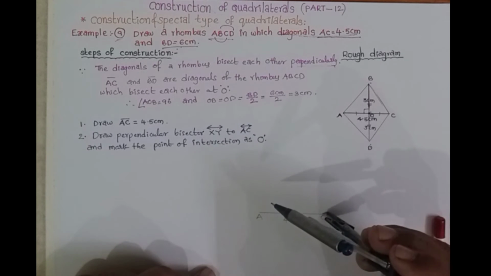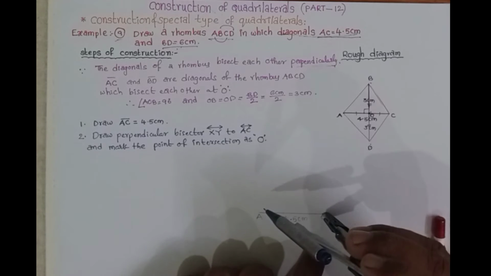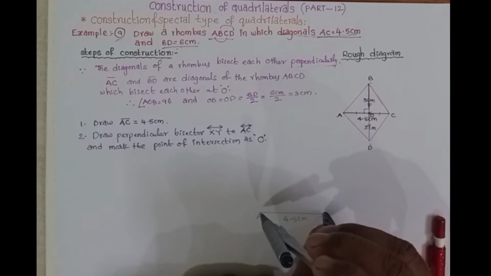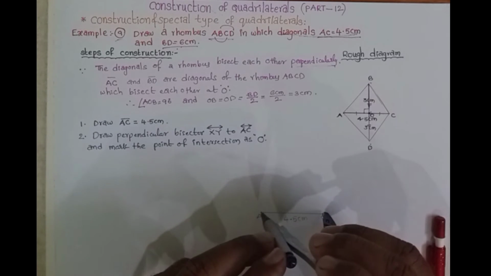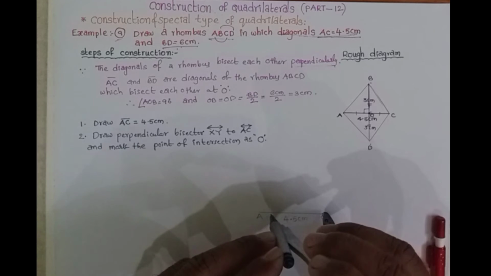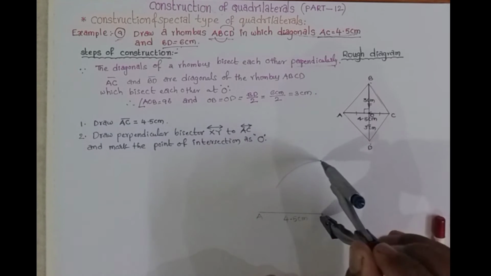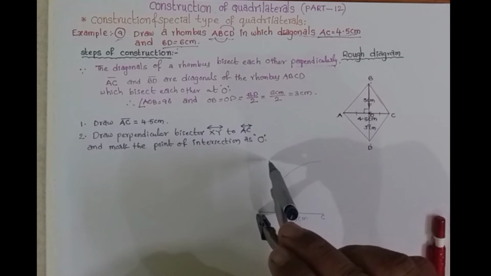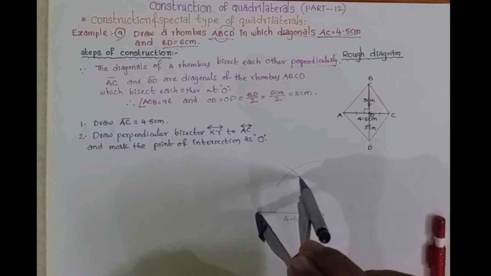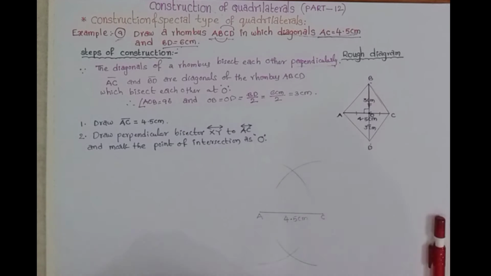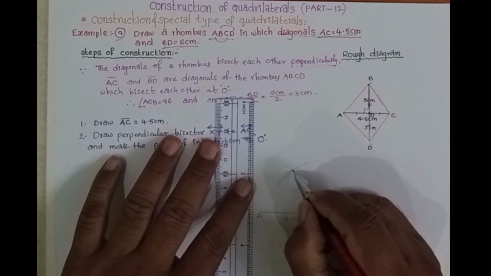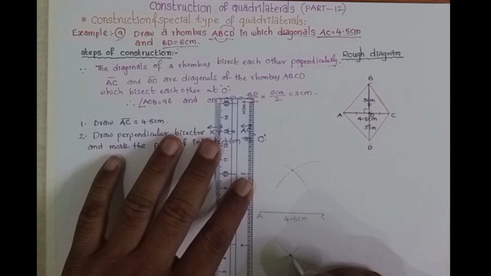To draw the perpendicular bisector of AC, measure the length of AC, with C as center and taking radius more than half of the length of AC, draw two arcs on either side of the line segment AC. With the same compass setting, taking A as center, draw two arcs on either side of the line segment AC and join the cutting points of arcs.